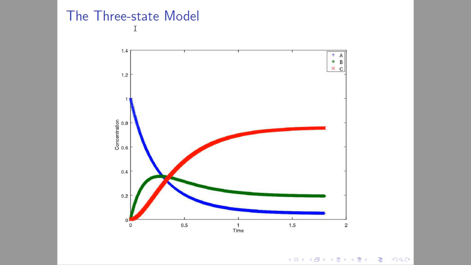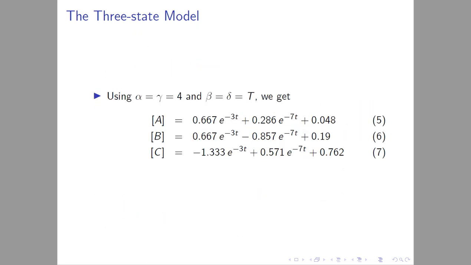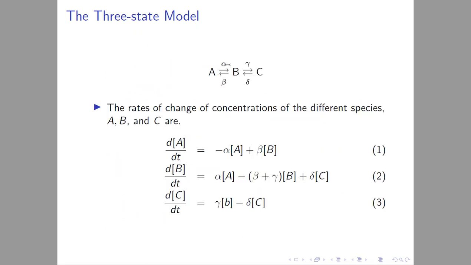It depends on alpha, beta, gamma, and delta. If gamma is less than delta, then C becoming B is greater than B becoming C, so we are going to have more concentration in the B state, not in the C state.